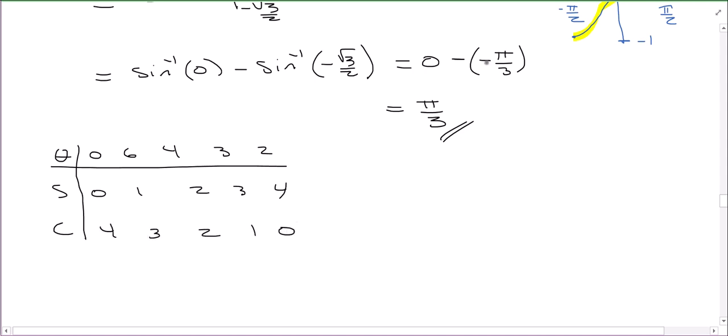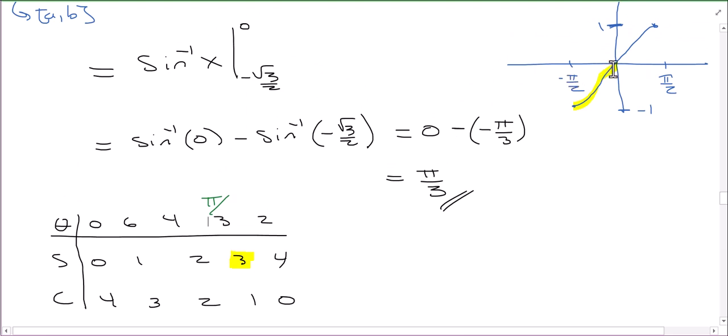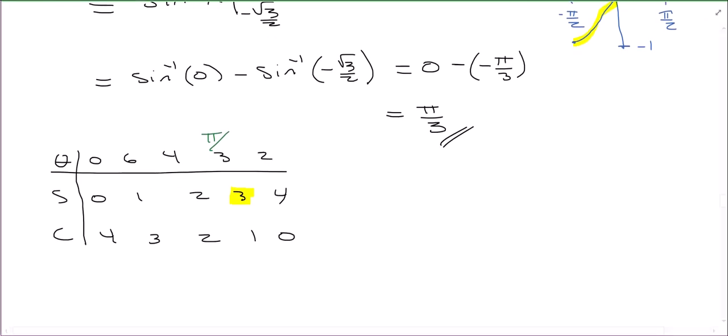So when I look at sine root 3 over 2, my reference angle is pi over 3. But because I need to be between negative pi over 2 and 0, then my angle is actually negative pi over 3. So that is the final answer for that one.